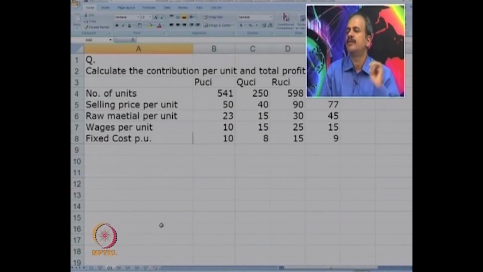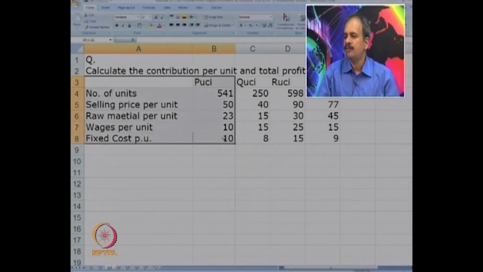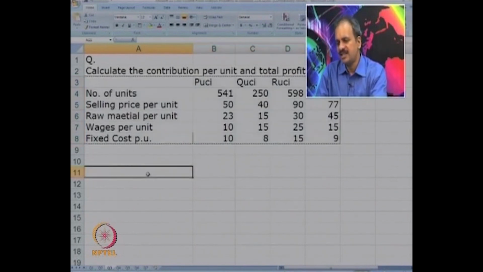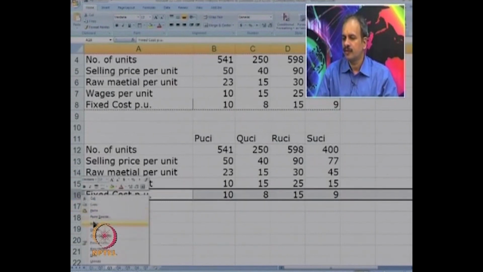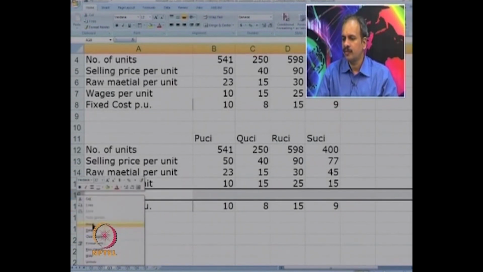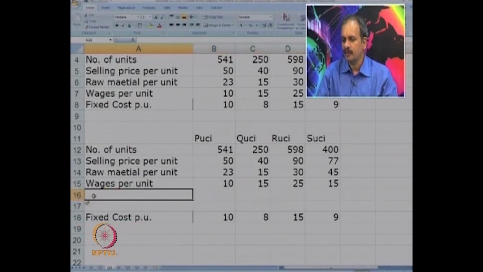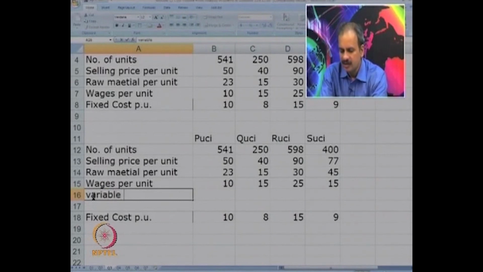Now let us take one more. Now here there are 4 products, PUC, QC, RUC and SUC. Again the number of units and other things are given. We have to calculate the contribution per unit and the total profitability. A similar problem. So now we can do it very fast. You know that the first step is we have to calculate variable cost per unit.